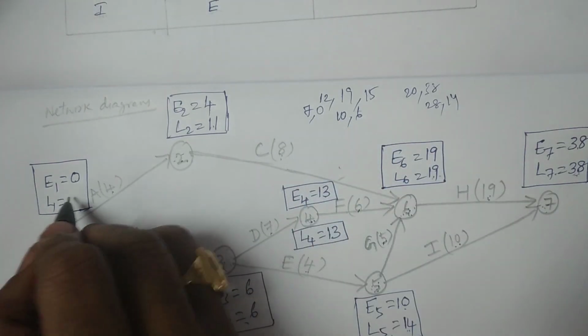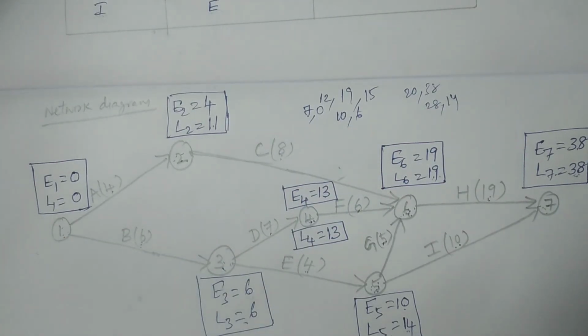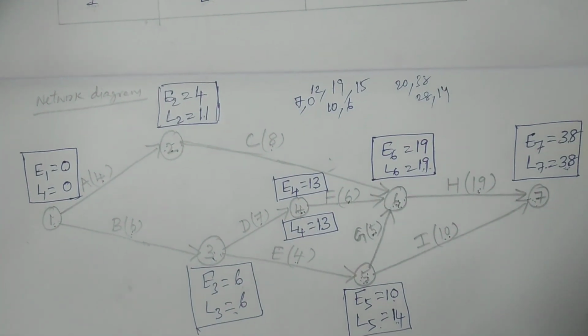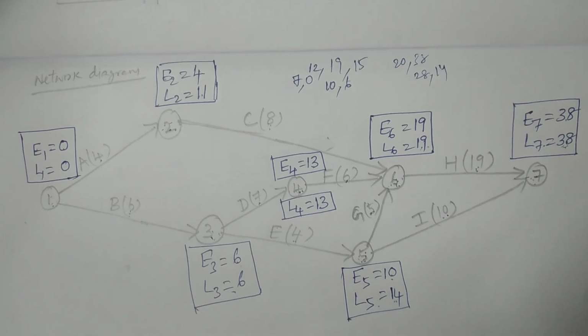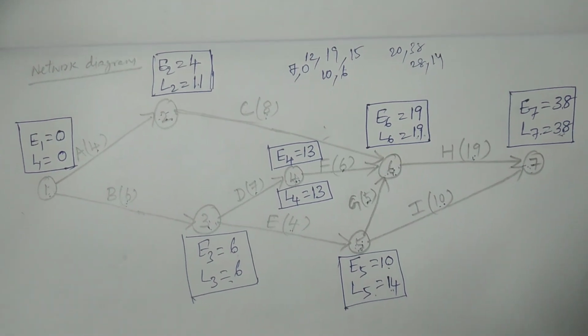The minimum is 0. Hope you understand. These are the calculations for latest times. These are backward pass calculations. So in this way you have to calculate forward pass and backward pass calculations.